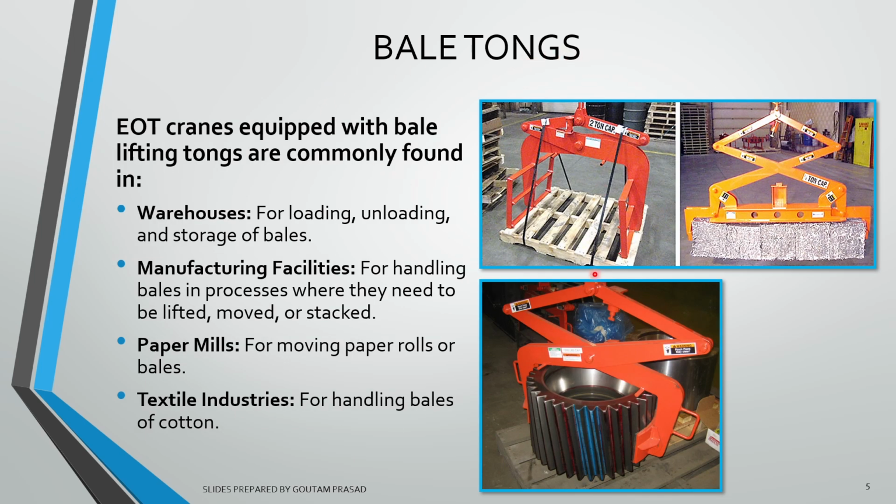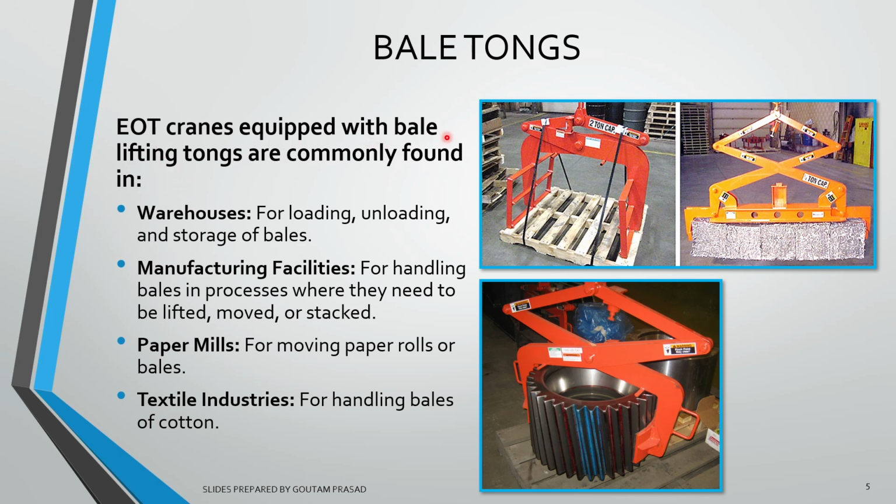So bale tongs have also been shown here. Different types of bale constructions are there. So this is one. Another type is being used for lifting part of the gear.